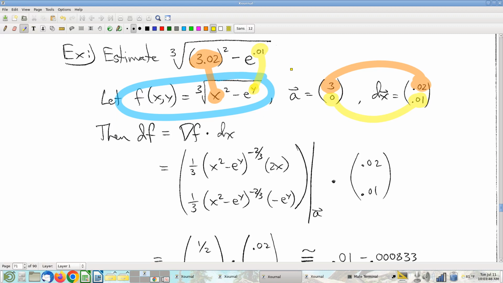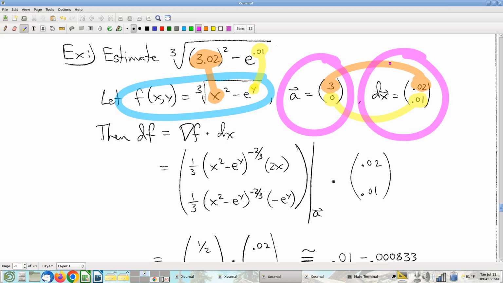So, another way to say that is that what I'm trying to compute or estimate is a value of this function at a point that's near here but this far away from it.